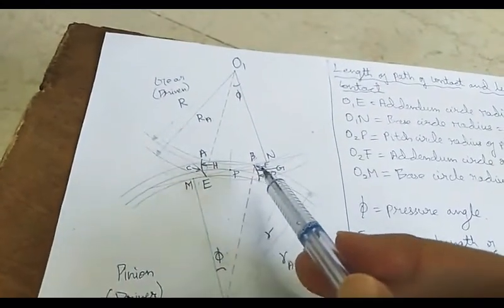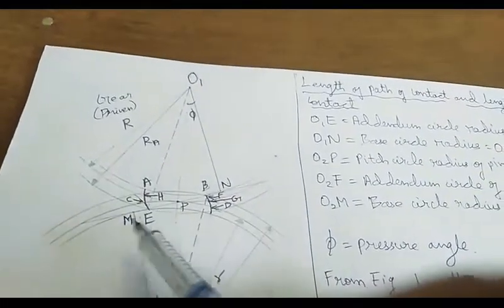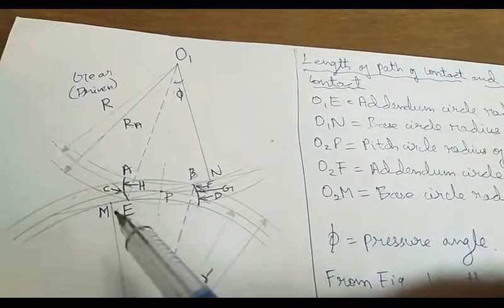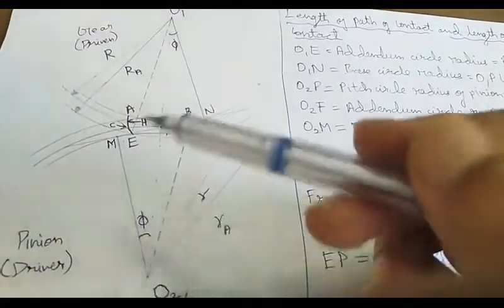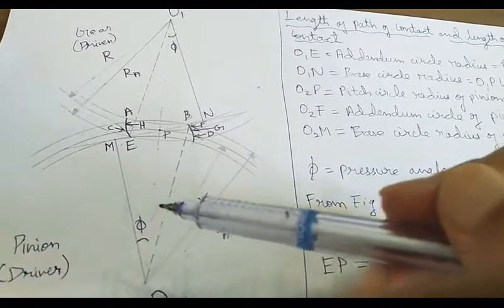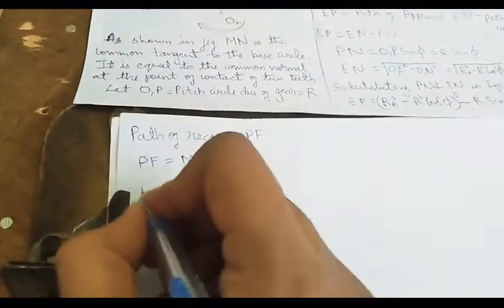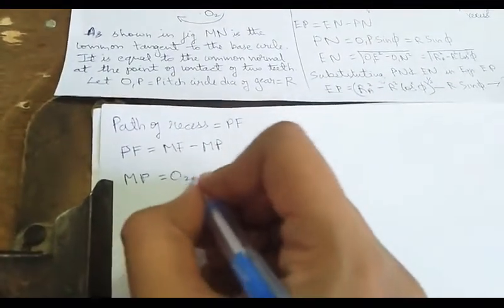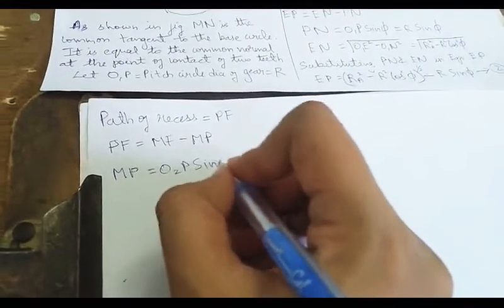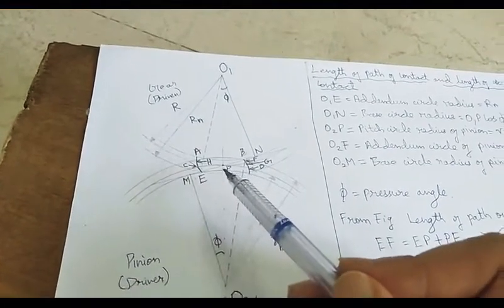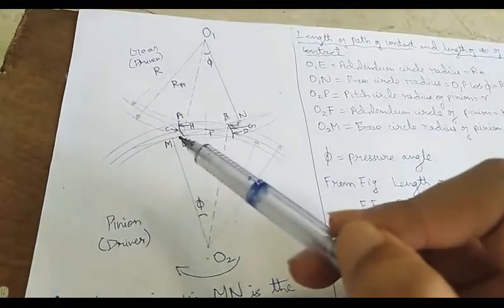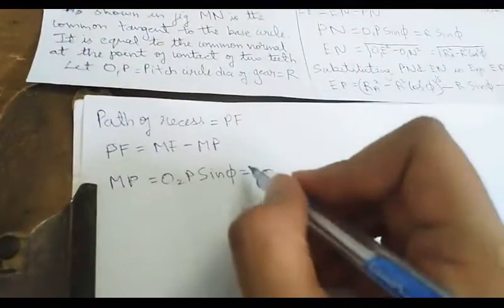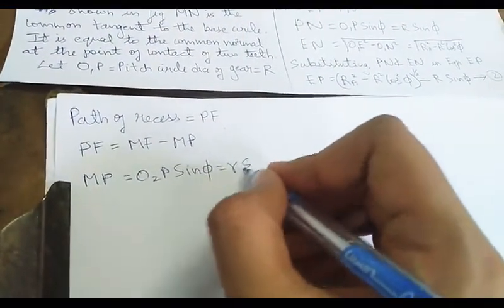For MP, from the figure you can see that MP is equal to O2P sin phi, because this is a right angle triangle at point M. But O2P is the pitch circle radius R, so MP is R sin phi.